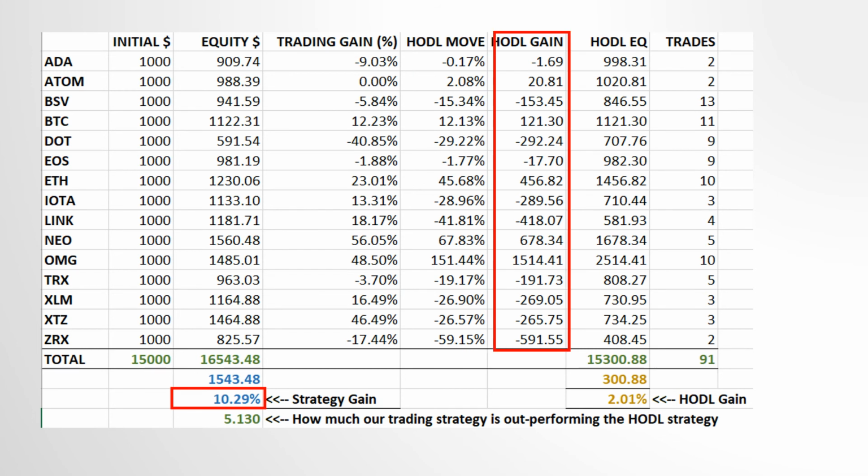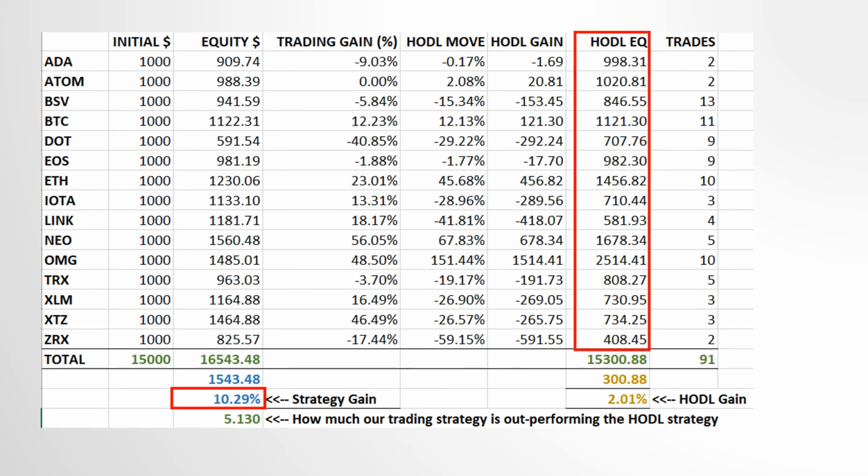These then are the gains or losses per currency pair, which means that by the end, we would have ended up with 15,300. That's a gain of 300, which is about 2% of the original 15,000. If we compare that then with the strategy gain, what we're saying is that we are doing about 5 times better than the hodl trading strategy.